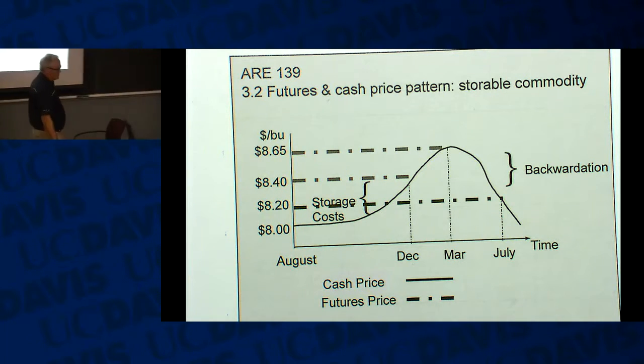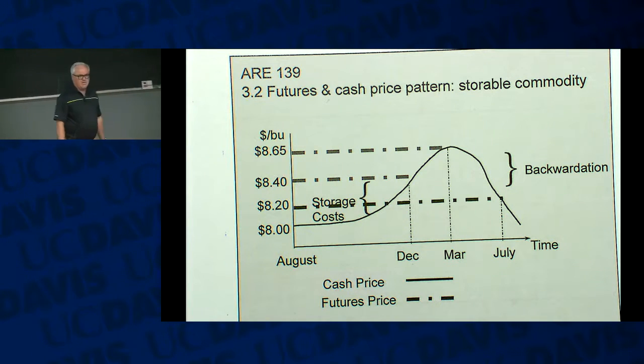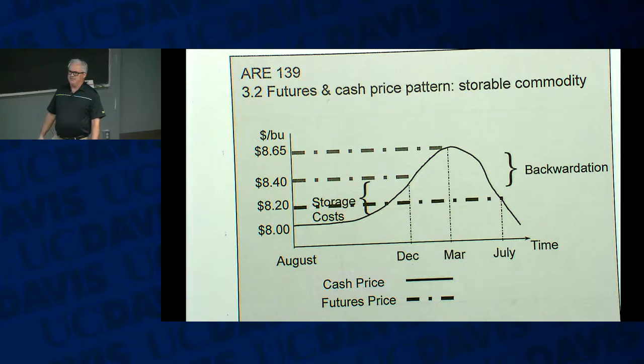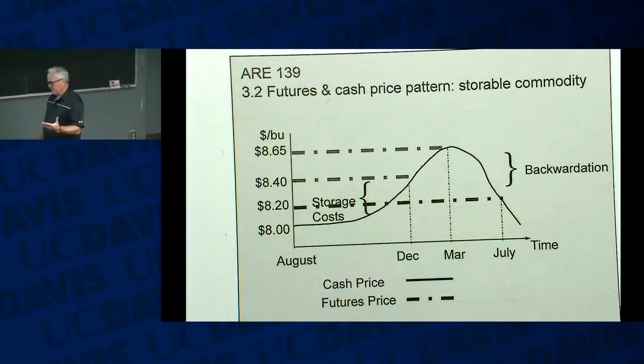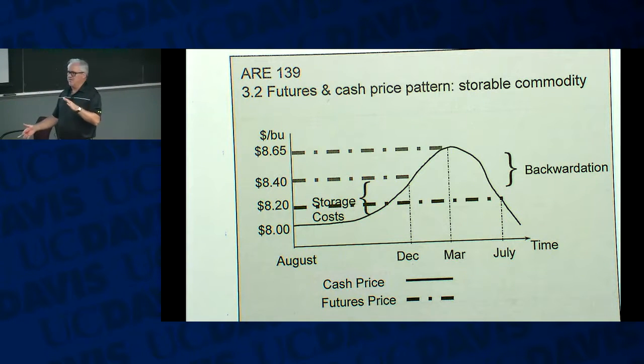It's also true that in a given market, we might see part of the curve in contango and part of the curve in backwardation. In fact, if you look at the sugar market today, you'll see that front part of the curve is in backwardation and then it goes into contango later.